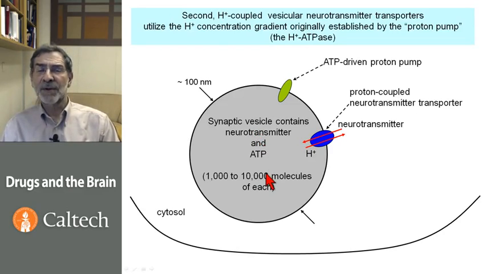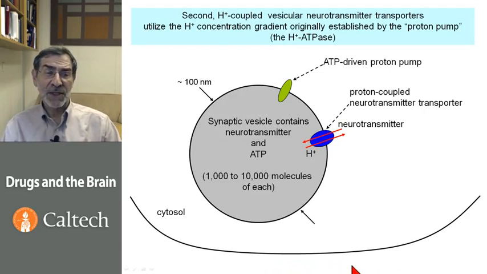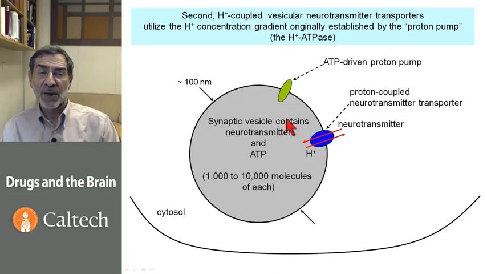But also, there are postsynaptic receptors for ATP, which we're not going to have a chance to discuss in this course. On the whole, then, the synaptic vesicle contains between 1,000 and 10,000 molecules of neurotransmitter and ATP. In fact, it's nearly isotonic because it's so small. It's about 100 nanometers in diameter.